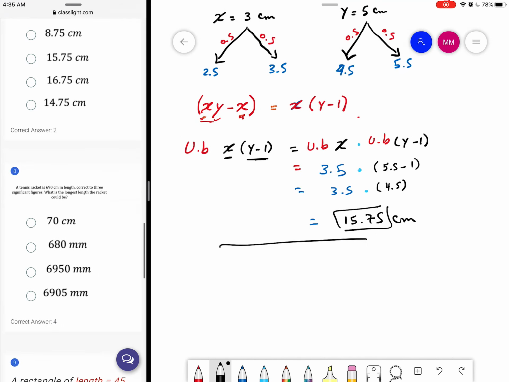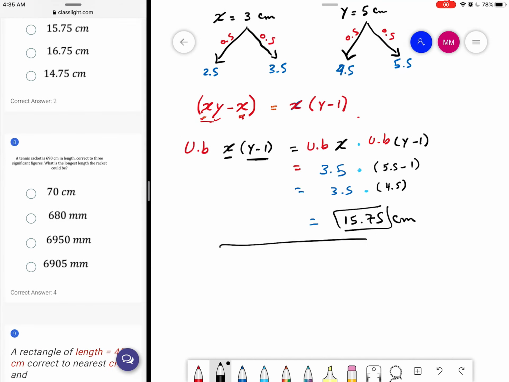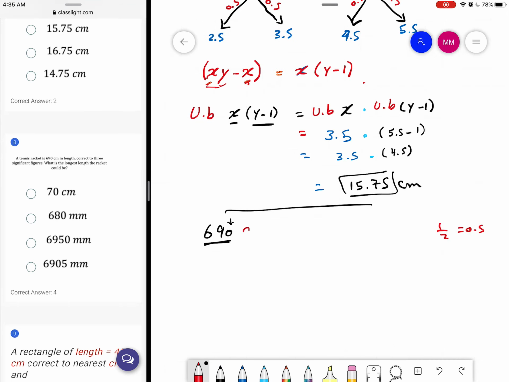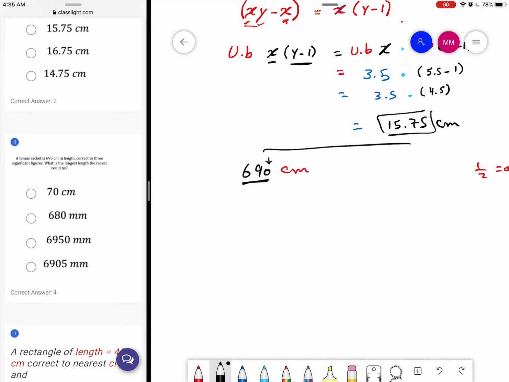So let's complete. Question number 8. A tennis racket is 690 centimeter in length, correct to 3 significant figures. So here 690, three significant figures. The third significant figure is units. So also it's 1 divided by 2, which means 0.5, right? This is with centimeter.